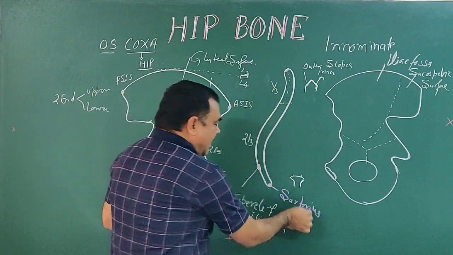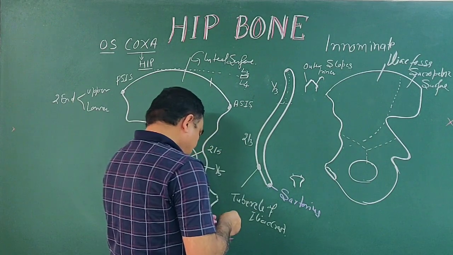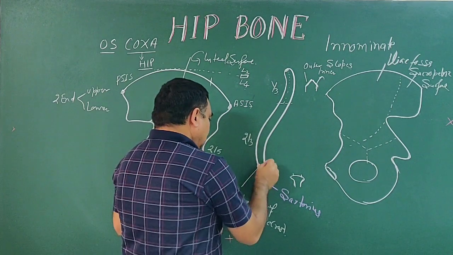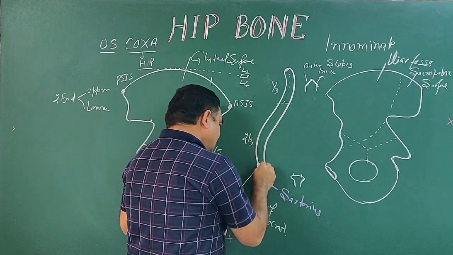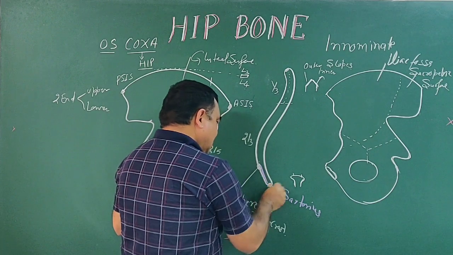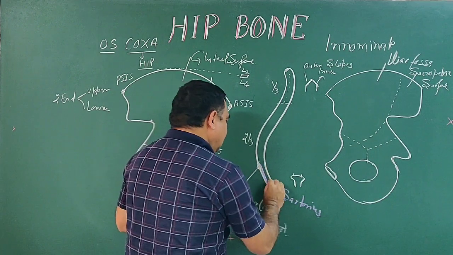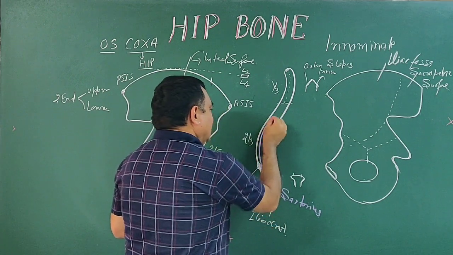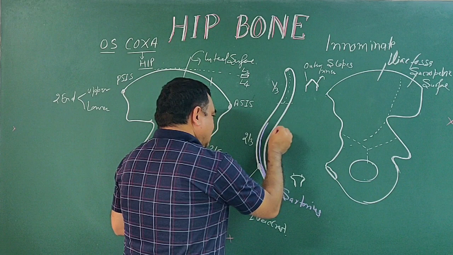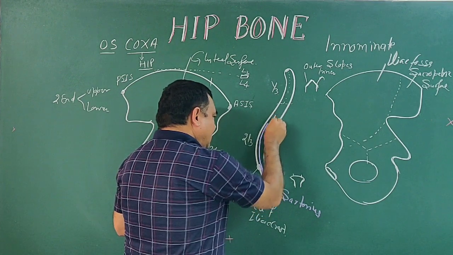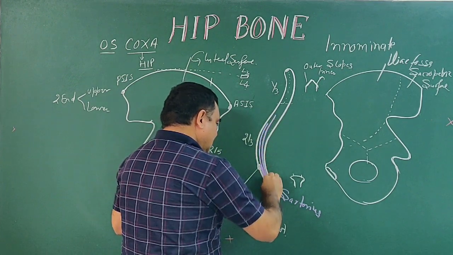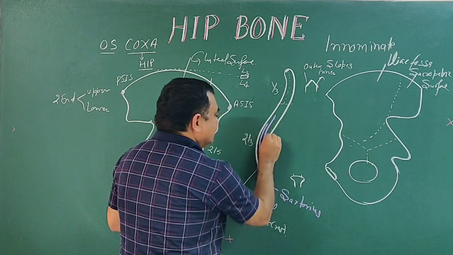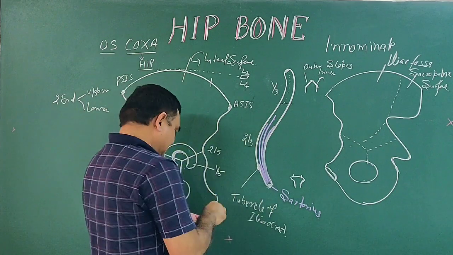Here is the position of tensor fasciae latae, and this is external oblique. There is internal oblique, and on the inner lip there is transversus abdominis muscle.